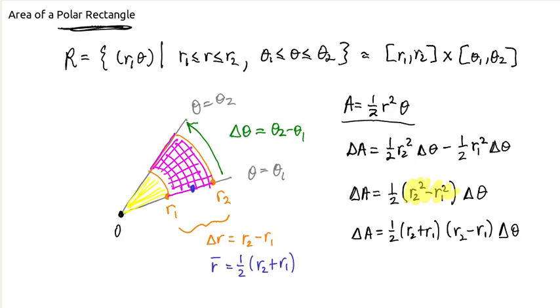Now we compare with the definitions we made. This is our delta R, and all of the stuff in front is our R hat, which moving forward we can just call R. So the area of this little polar rectangle, delta A, is equal to R hat times delta R times delta theta.